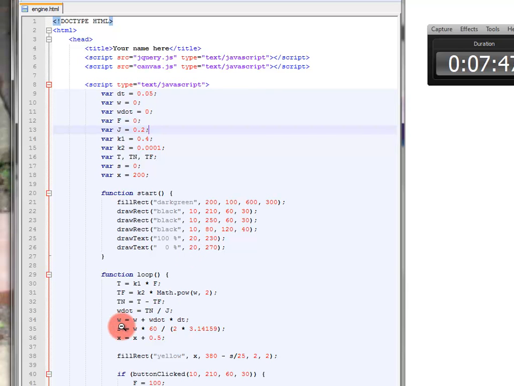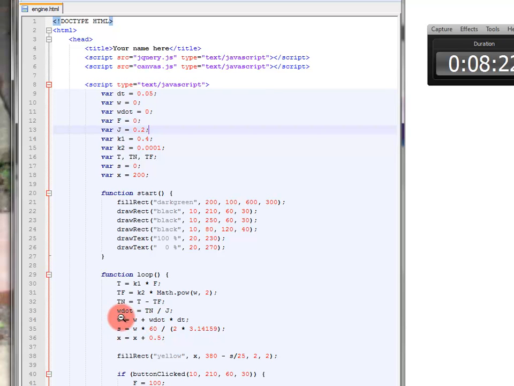Next line, omega equals omega plus omega dot times delta T. What is this? This is simply integration. If this is digital integration, the new value of radians per second equals the previous value of radians per second plus the acceleration in between times the time interval between these two values.